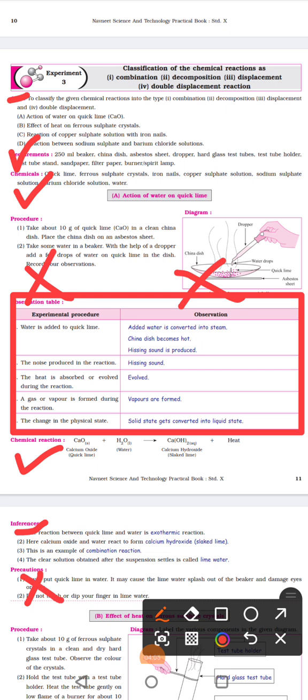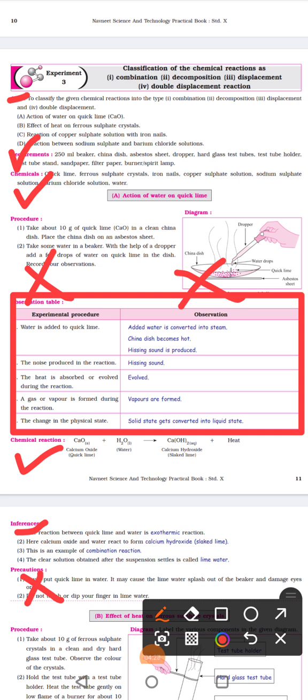The examiner may ask what kind of noise is produced in the reaction. It is a kind of hissing sound. Are vapors formed? Yes, vapors are formed. Which state changes? Solid state gets converted into liquid state.